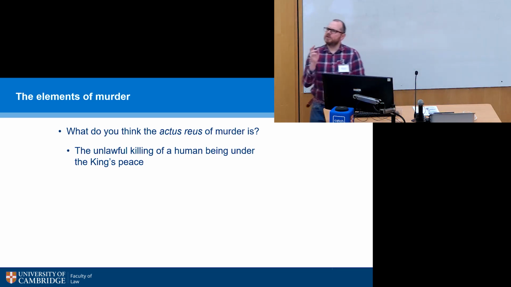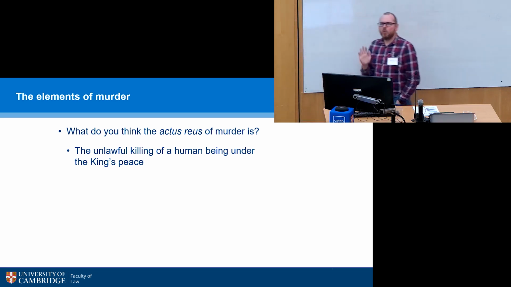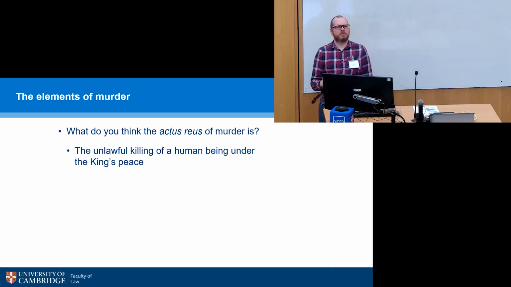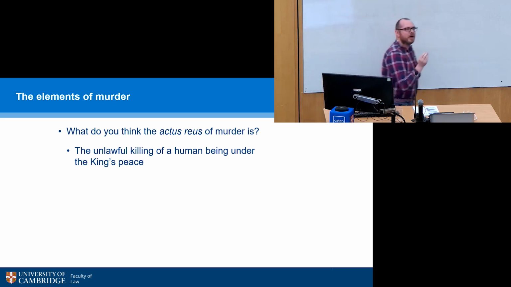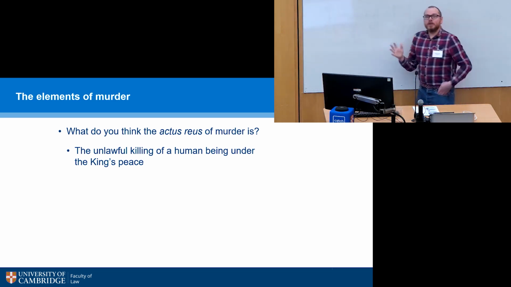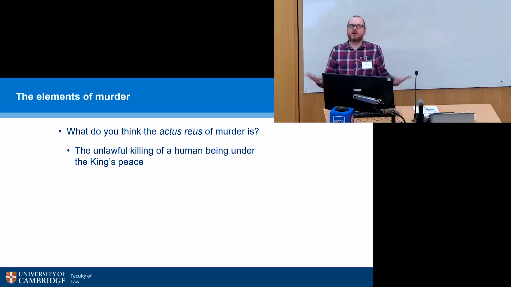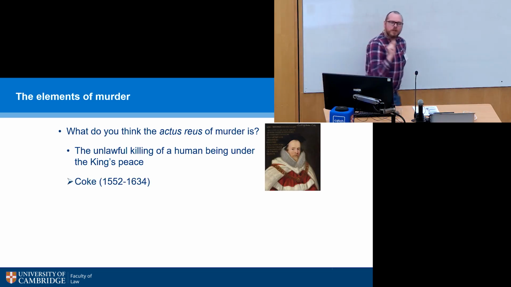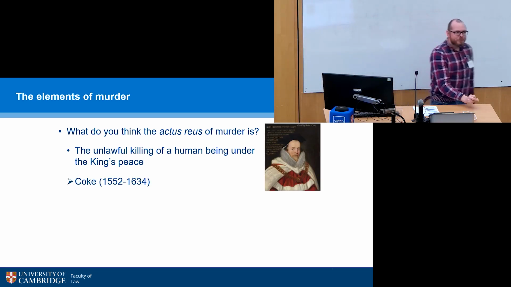Now, if you wanted to go and find the definition of murder and find that written down, where do you think you would look? Just as a matter of common sense, what would you be looking for? Something like, I can hear murmurs of statute. You might think so. You might think there's something called the Murder Act. There is not. We look in a very old book.